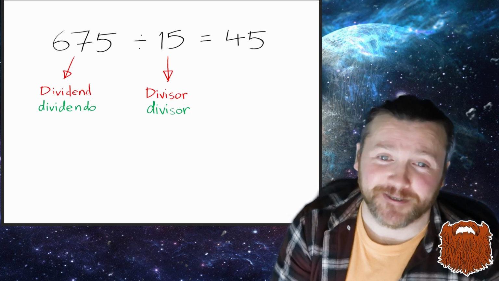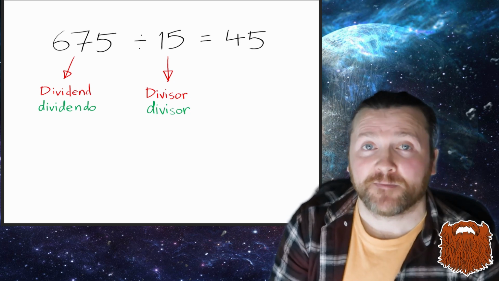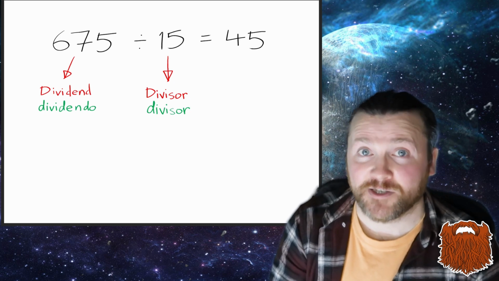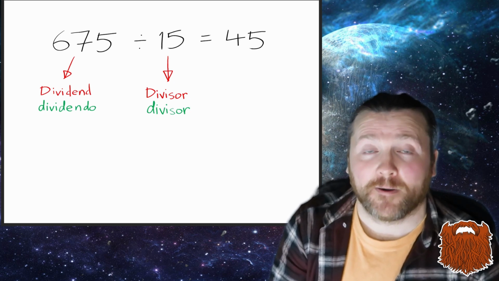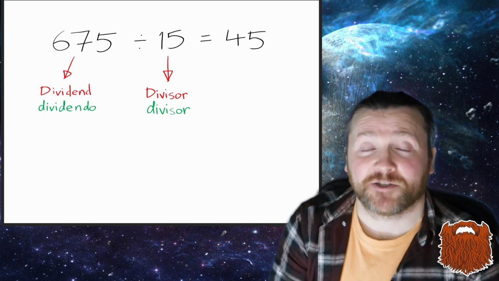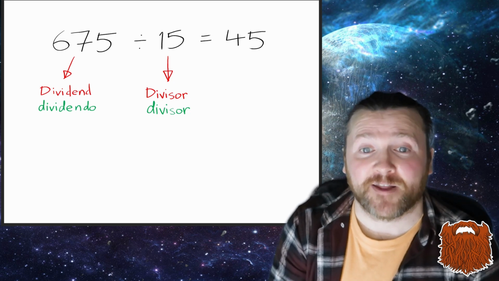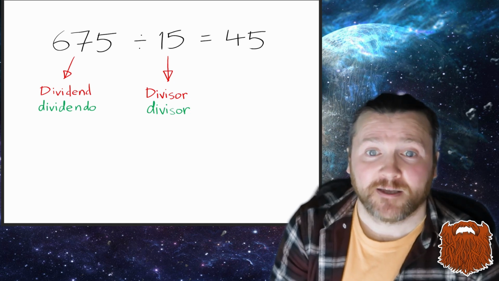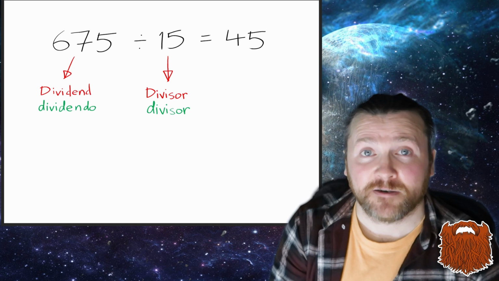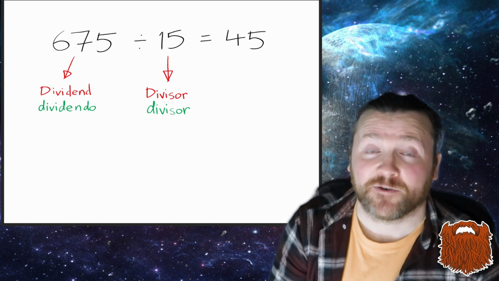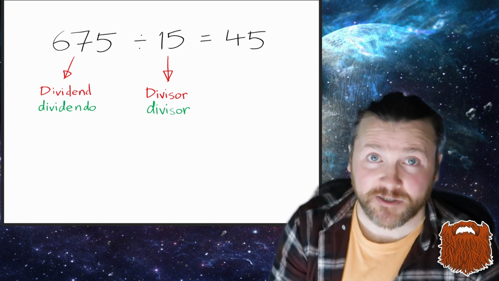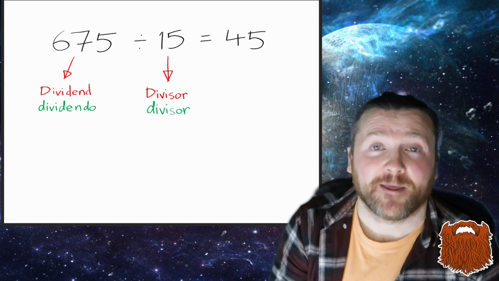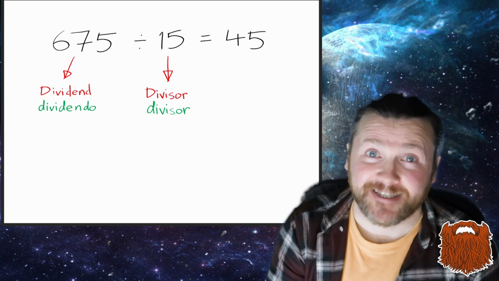Apologize for the pronunciations. The divisor is the amount of groups that you're dividing the dividend into. So again, with the bag of sweets and the 5 children, the divisor would be the amount of children that you're dividing them amongst, which is 5.